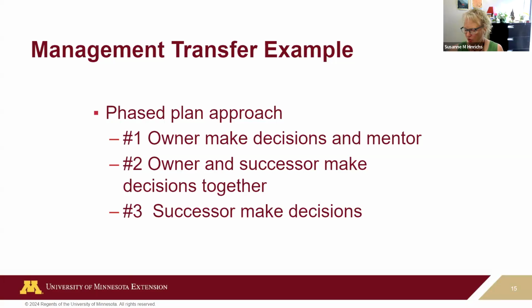And then phase 3 of this approach would be that the younger generation, or whoever is being groomed or mentored to succeed on the farm as the next successor, would make decisions and then check in with that older generation. This is what I'm thinking, or this is the decision I made. So that you're preparing that younger generation to really be equipped to run the farm, because it's complex and there's a lot that you're dealing with in a year's time.